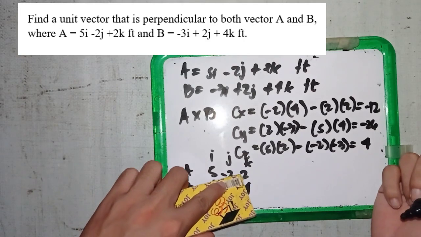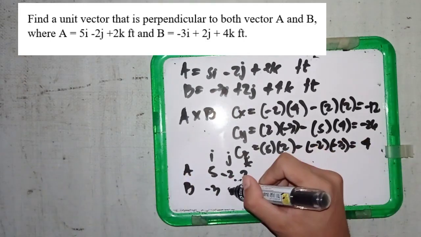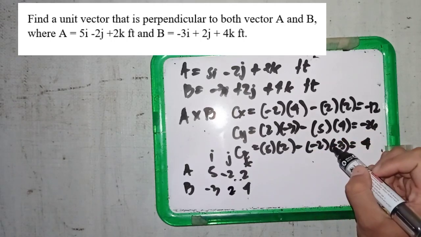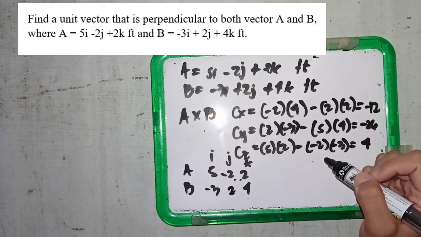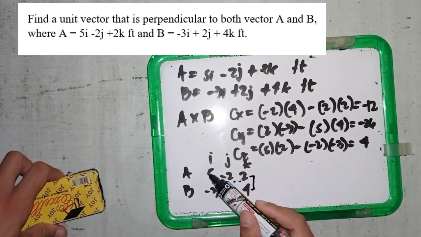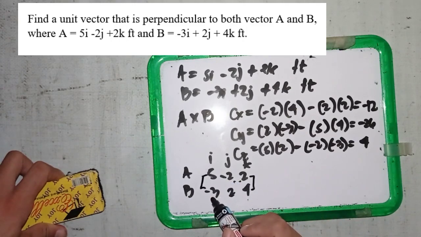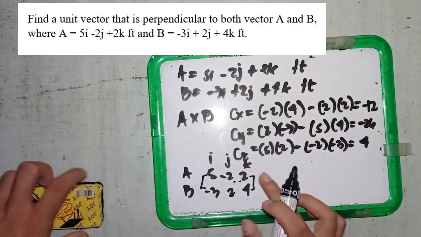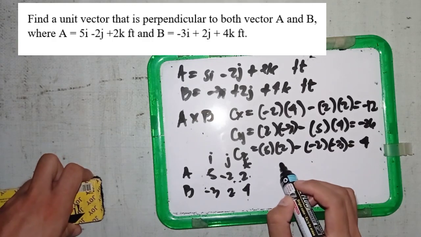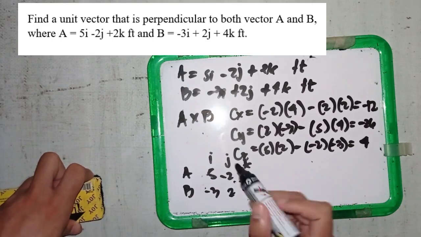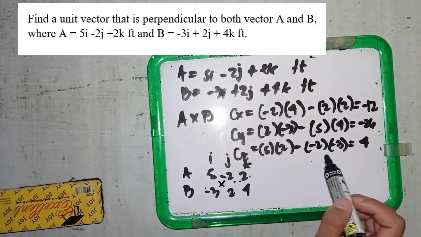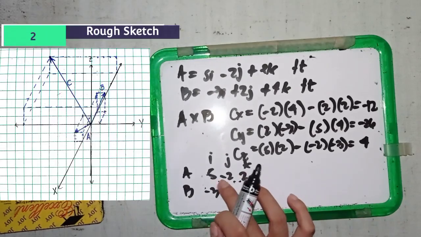And for the y component, we can use these values, this will be multiplied: -3 and 2 and 5 and 4. So for the z component, we can use this part, just like 5 times 2 minus -2 times -3. Okay, that's it.